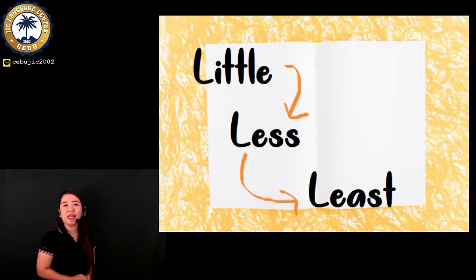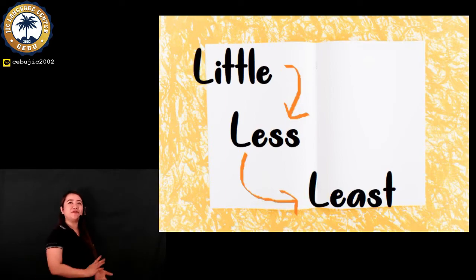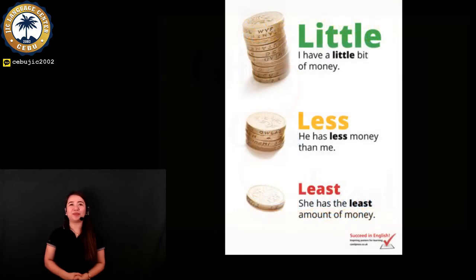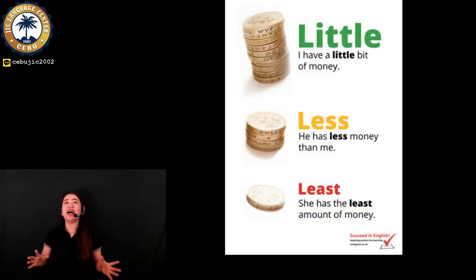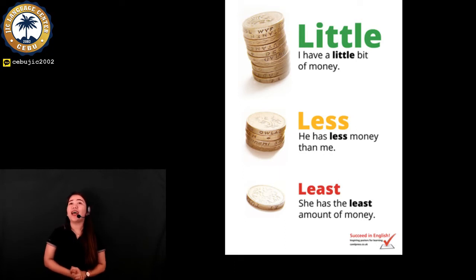Okay, so we have another set of words: little, less, and least. Here we have a little bit of money, and less: he has less money than me. Next, she has less amount of money.